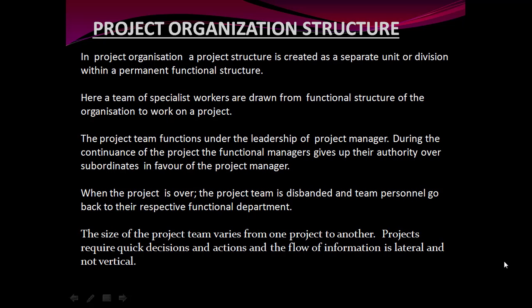Now, this is project organizational structure. Here, the structuring of the organization is done on the basis of projects which the organization has, right? So here, on the basis of project, a separate unit or division is created in the organization within the permanent functional structure. I know it must be confusing, so let's go to the functional organizational structure once.